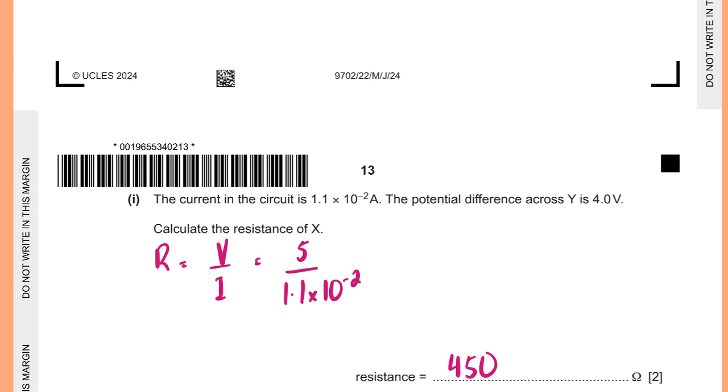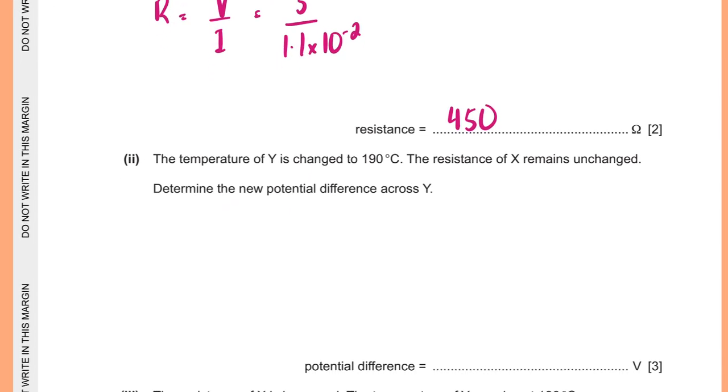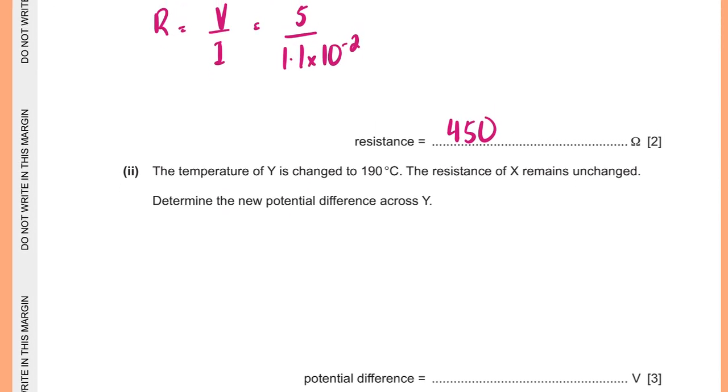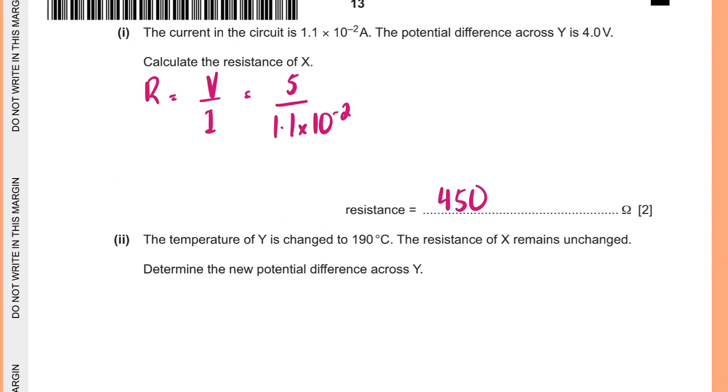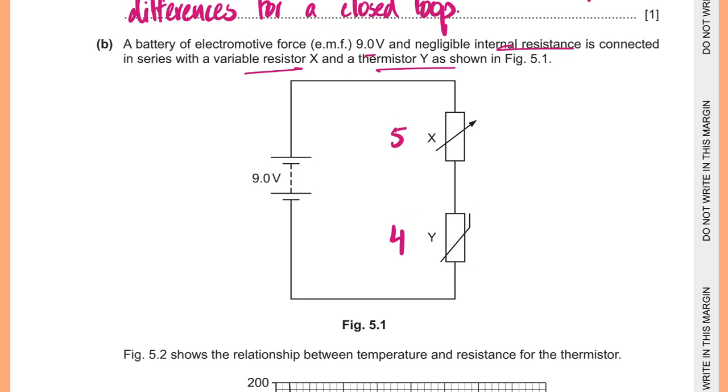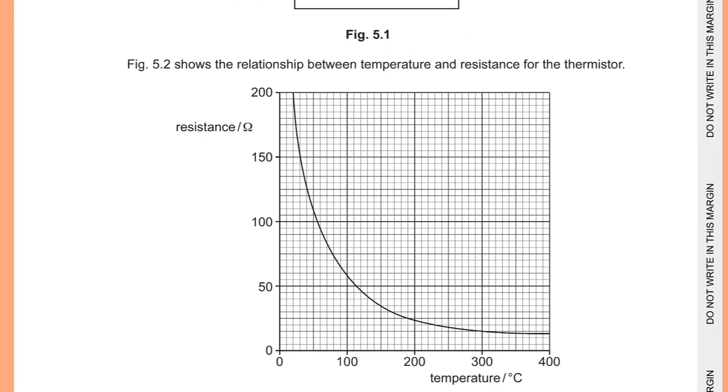Temperature of Y is changed, the resistance of X remains unchanged. Determine the new potential difference across Y. Alright, so temperature of Y is now 190. We don't know the older temperature, we just know that now the temperature is 190.